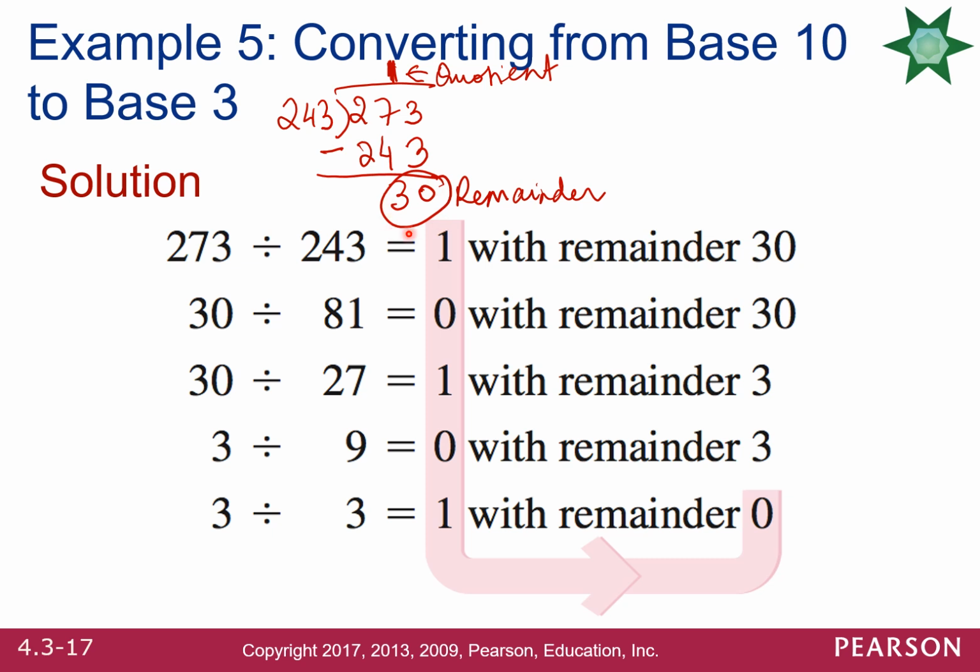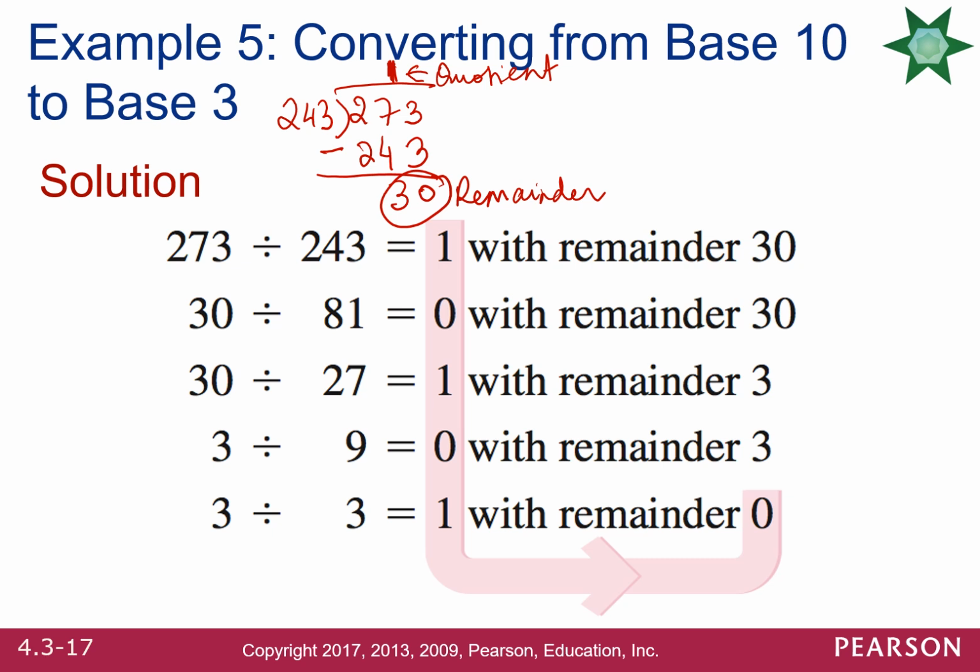The next step would be to divide 30 by the next positional value. And while we are at it, let me just write the different positional values so it's easy for us to realize what we are going to divide the remainder by at each step.